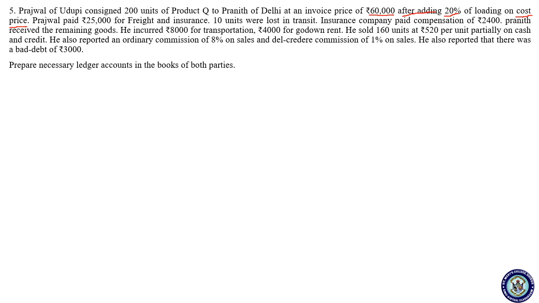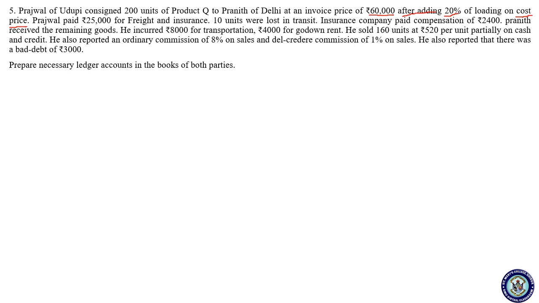But in this problem, he consigned the goods along with the loading. That is, he added some profit, but we call it a loading. Okay, it's not a profit, we call it a loading. He added some extra on the cost, then consigned to Pranit. So you have to calculate what the cost price is.